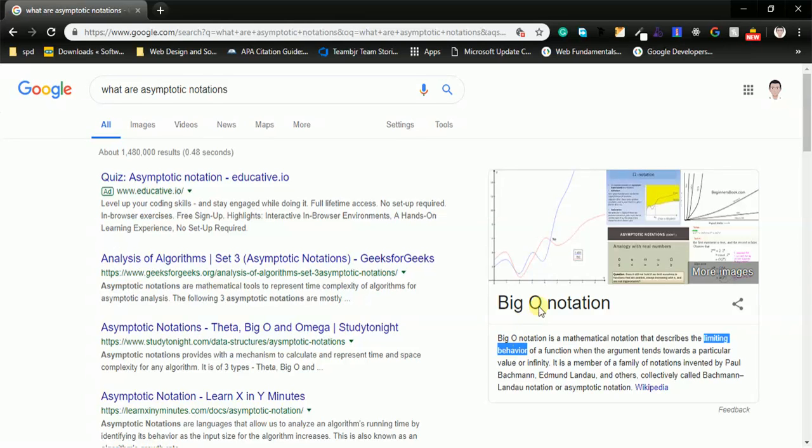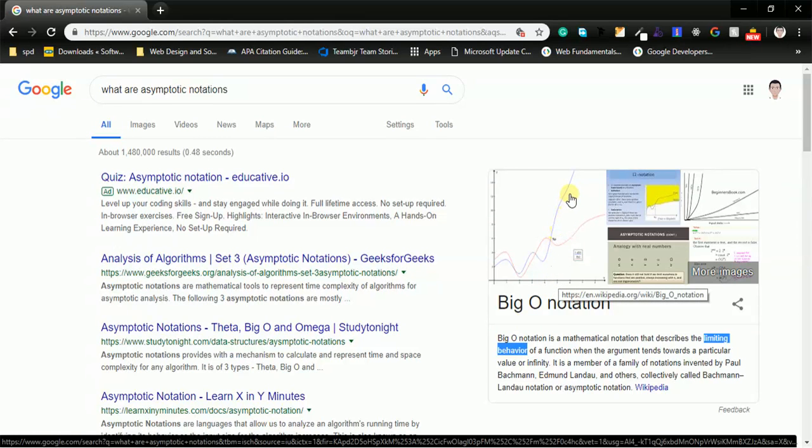What do they mean by limiting behavior? There is a limit at the growth rate for this polynomial. We all know the x and y coordinates serve as a means to measure or estimate the growth rate of a polynomial.